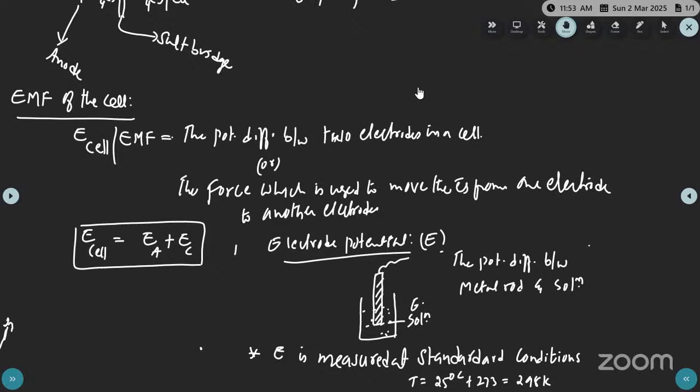After that, write this formula. E cell is equal to EA plus EC.